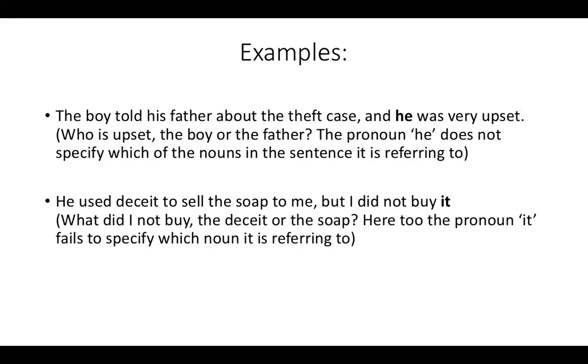Let's see some examples. The boy told his father about the theft case, and he was very upset. Who is upset, the boy or the father? The pronoun he does not specify which noun in the sentence it is referring to.